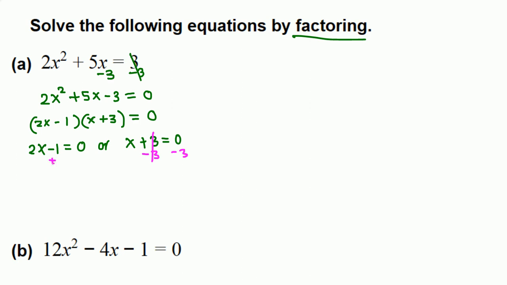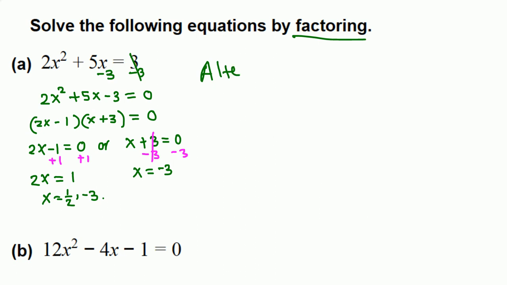In this case, add 1, then divide by 2. When we add 1, we get 2x equals 1. Now divide by 2, we get x equals 1/2 and negative 3. So there are two answers. If we plug these numbers into the original equation, they'll satisfy it. So this is the answer.